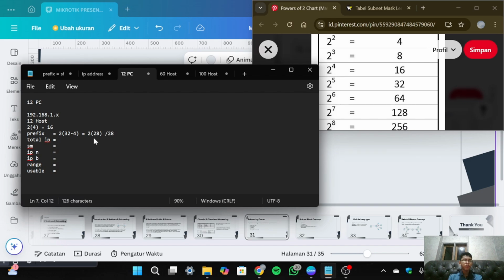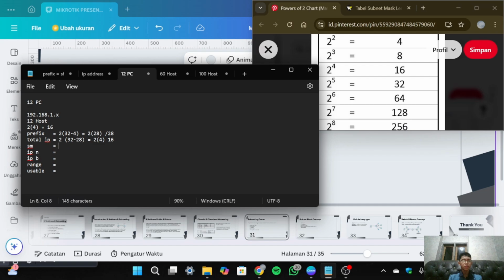So the prefix is /28, and the total IP is 2 to the power of 32 minus the prefix, which is 28. So the answer is 2 to the power of 4, and the answer is 16 hosts, that total IP is 16.